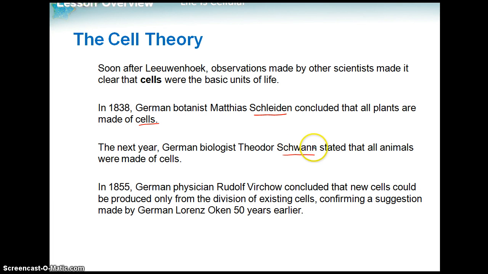In 1855, a scientist named Rudolf Virchow concluded that all cells were going to divide and be produced by existing cells. All right, so that gives us the third postulate in our cell theory, that all cells come from existing cells.